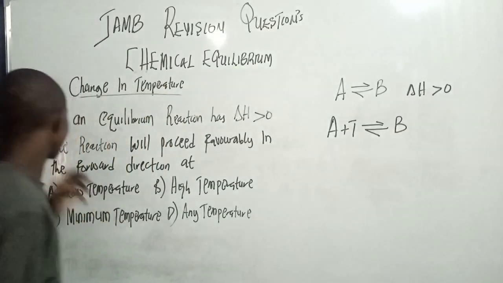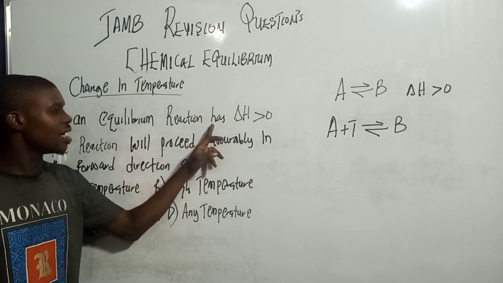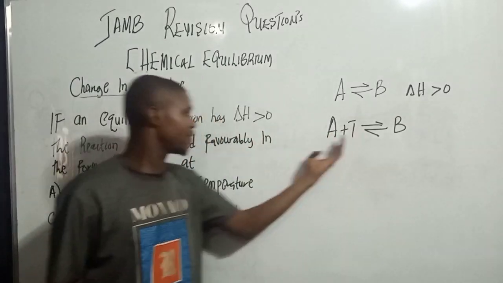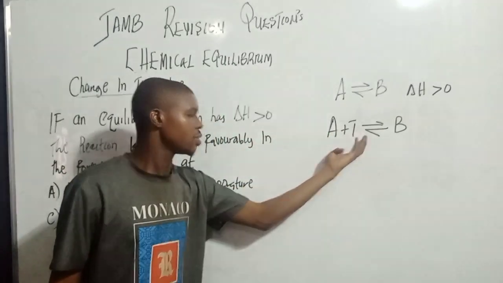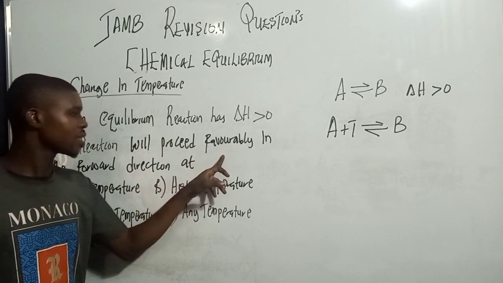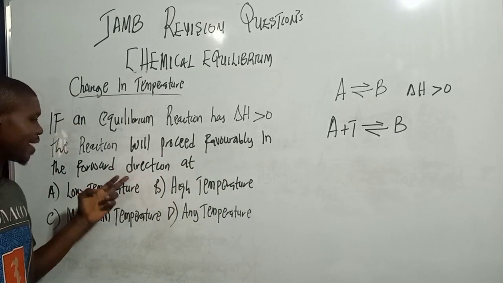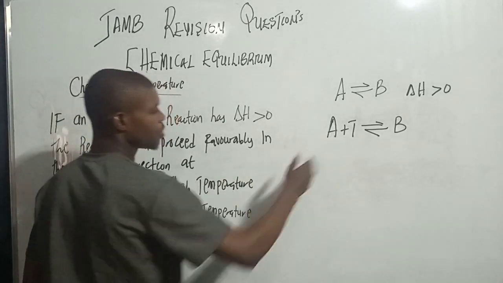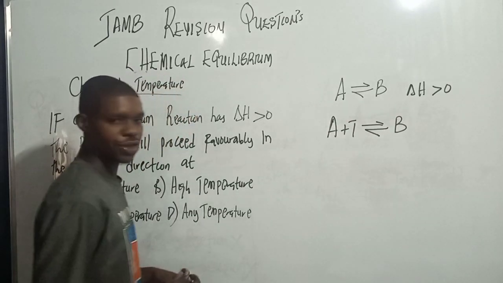So they say that if an equilibrium reaction has delta H greater than zero, which is positive, which is the reactant here, the reaction will proceed favorably in the forward direction at what temperature?